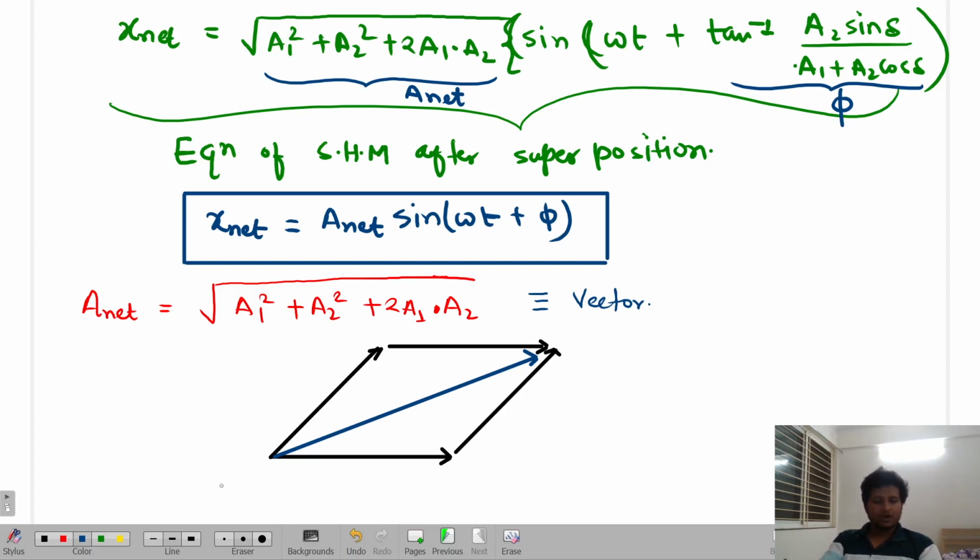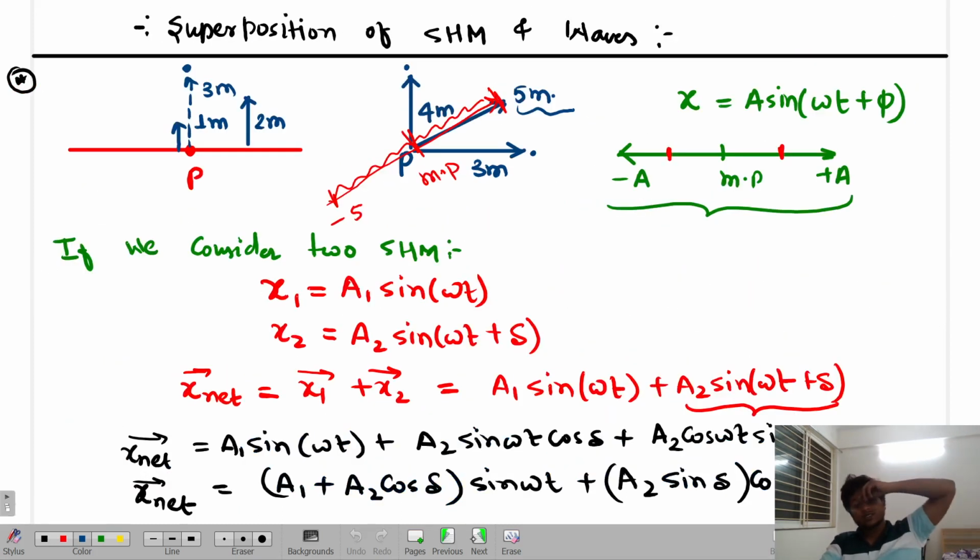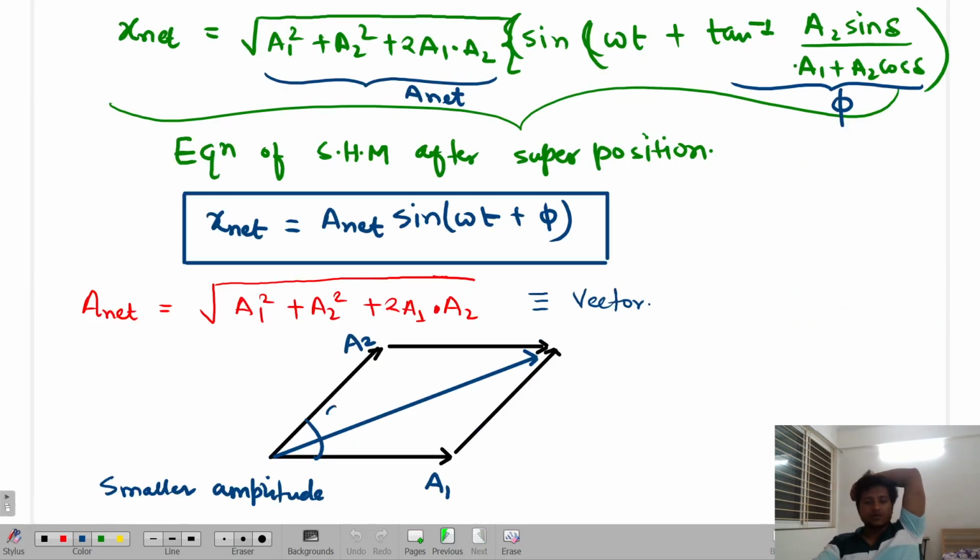Whichever is the smaller amplitude, the smallest amplitude will be kept at the base. Let's suppose I have A1 right now, and then A2 will be over here. Look over there, when I was considering A1 and A2, there is an initial gap between A1 and A2, or not? So this angle is basically equal to delta.